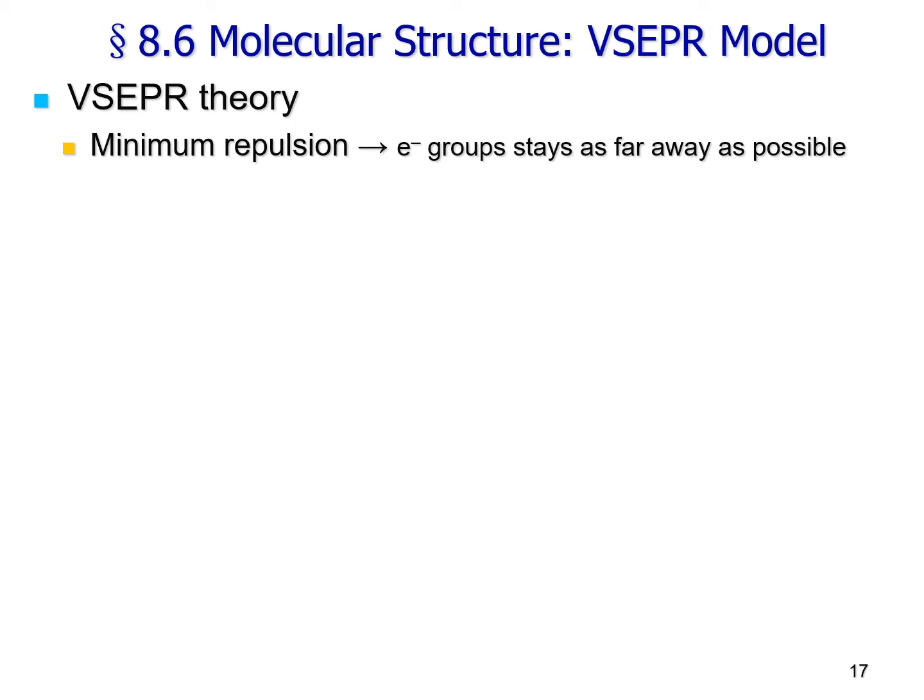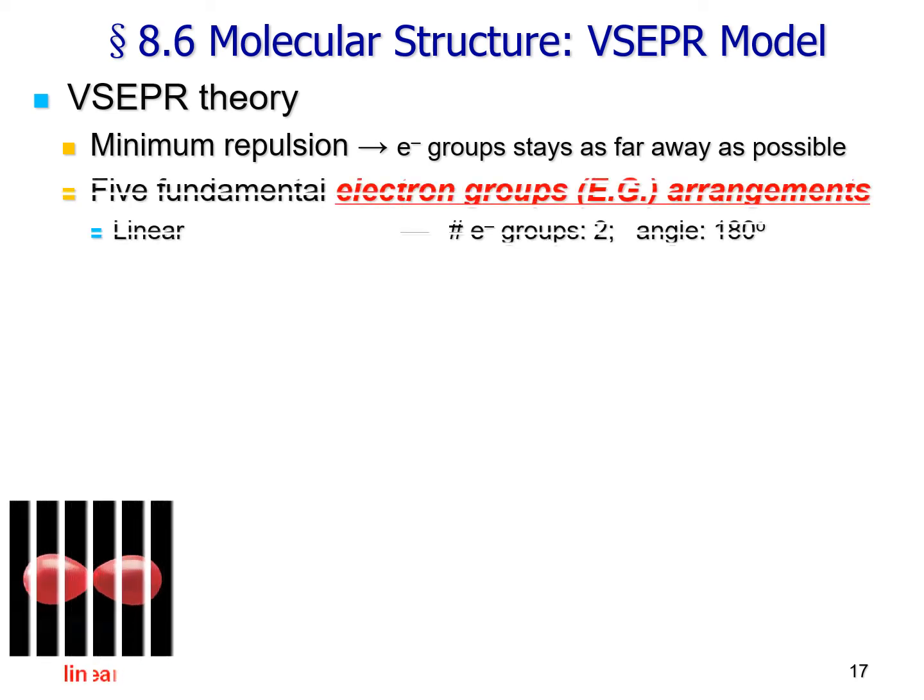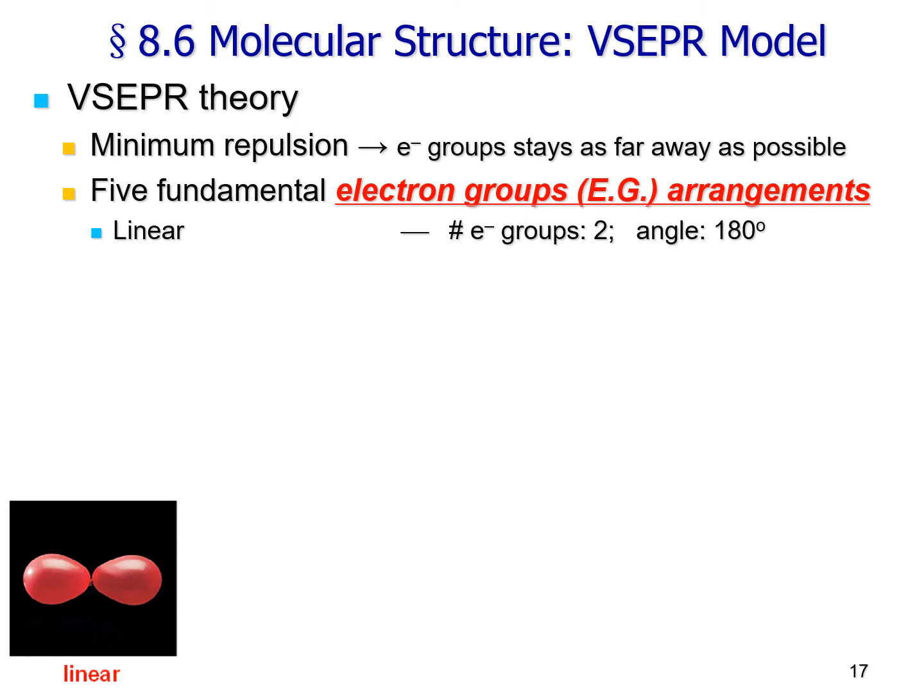As I said, in order to minimize the repulsion among those electron groups, the electron groups will stay as far away from each other as possible, and we could have 5 fundamental electron group arrangements. As we already talked about linear, it's 180 degrees.